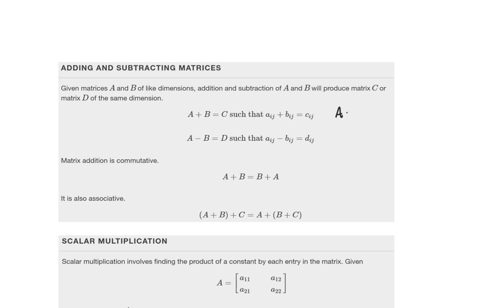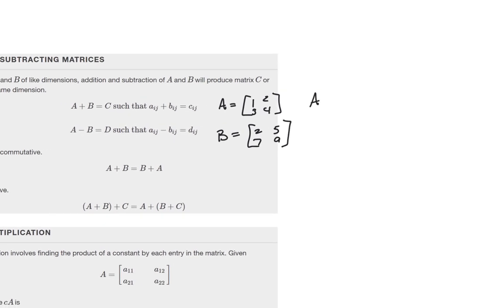So say my matrix A is 1, 2, 3, and 4, and say my matrix B is 2, 5, 7, and 9. I can take A and subtract off B. In the first position, it'd be 1 minus 2, so I'm going to take this 1 and subtract off this 2.